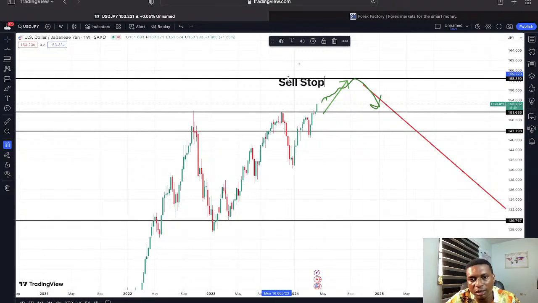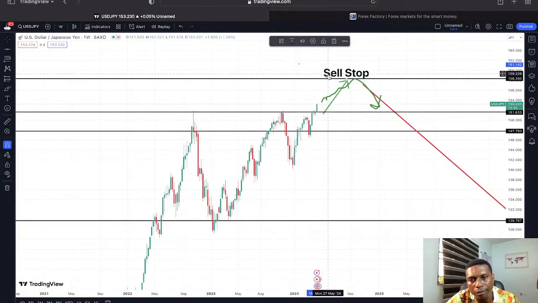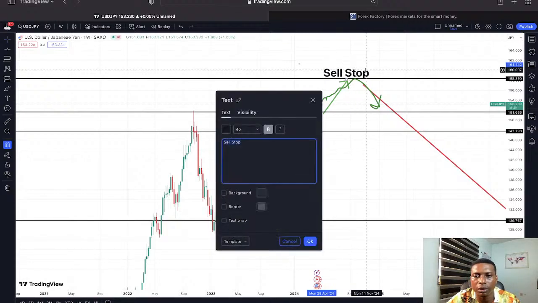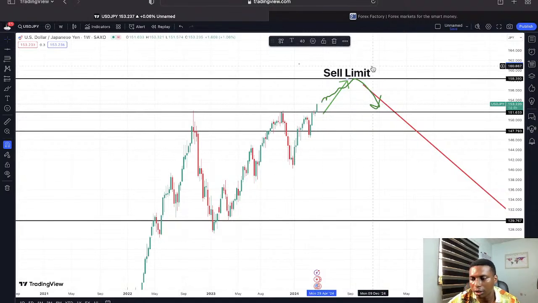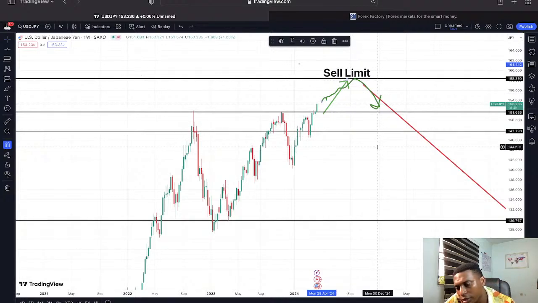Sorry, I said sell stop, it should be sell limit. You can set a sell limit at this level. All right, so when price gets here, it hits your sell limit, and the market begins to drop.